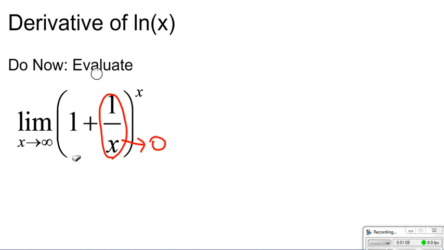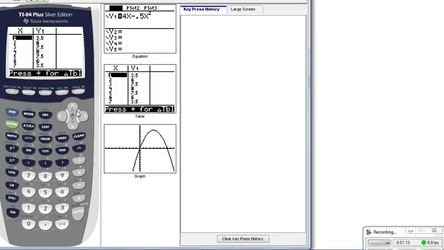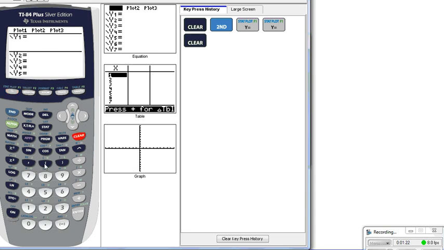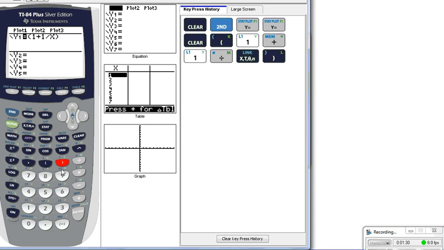In fact, if I were to use the calculator to show you, let's first clear everything out, and we're going to have 1 plus 1 over x, close the entire thing, to the x power.